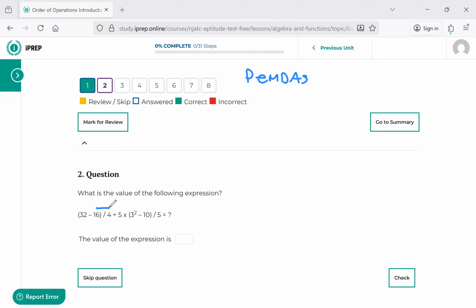So we have a division sign here, so it's going to be parentheses 32 minus 16 over 4 plus 5 times parentheses 3 squared minus 10, and then the slanted line.